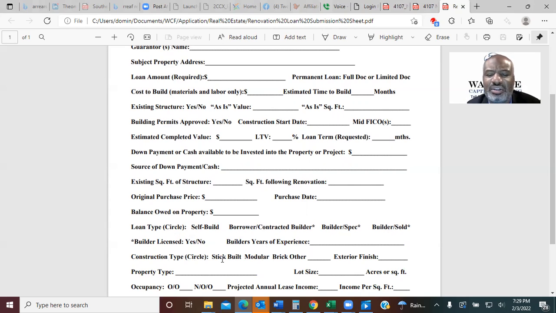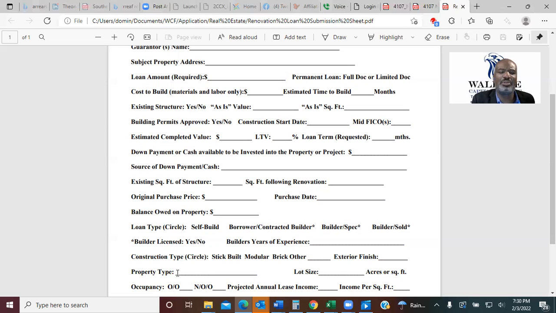Is it brick? Maybe it might be wood stick, and you just circle that, and the outside of it is brick. To the best of your ability, what type of construction it is.